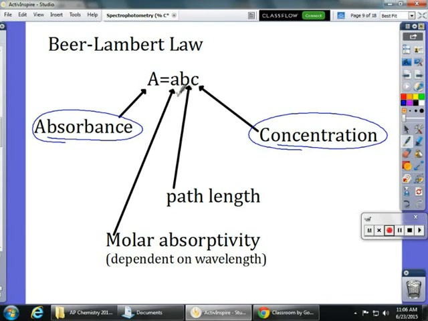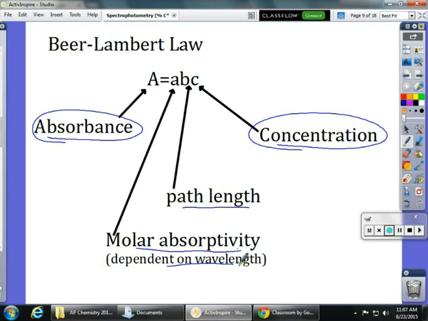The other two parts of this equation, the Beer-Lambert Law, are the path length, so how much solution does the light travel through, and the molar absorptivity, that is, how much light is absorbed for that substance at a particular wavelength. So it depends on what the substance is and what wavelength we're looking at.